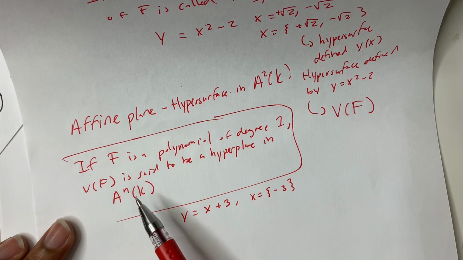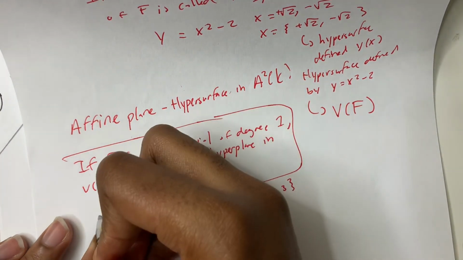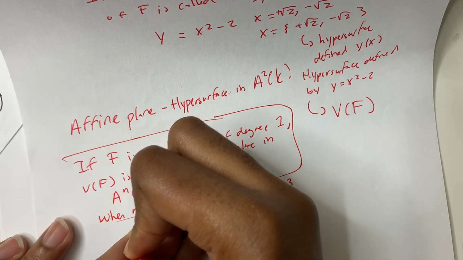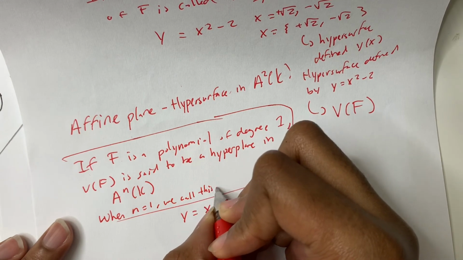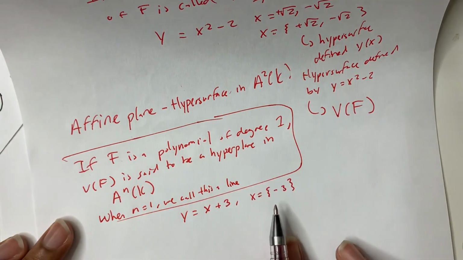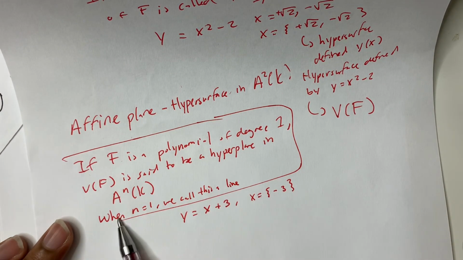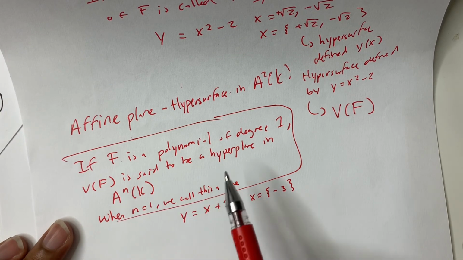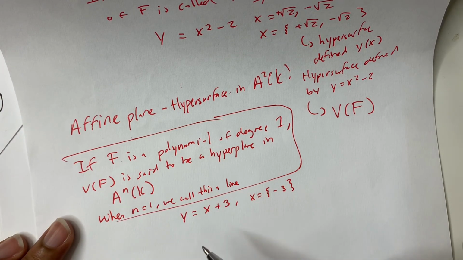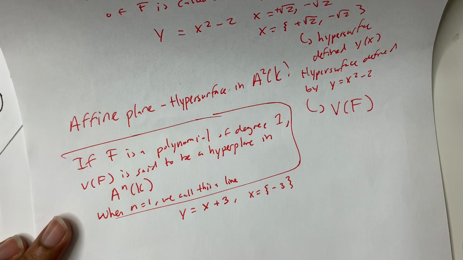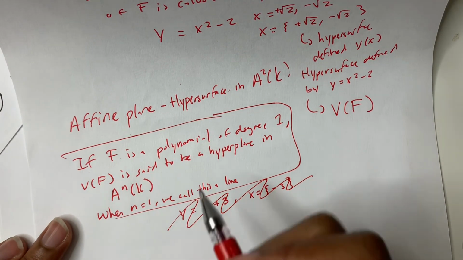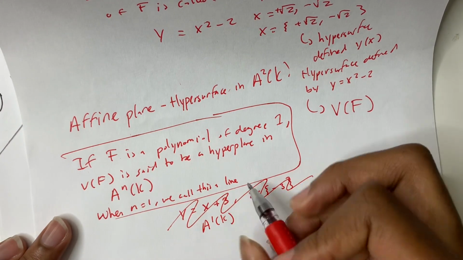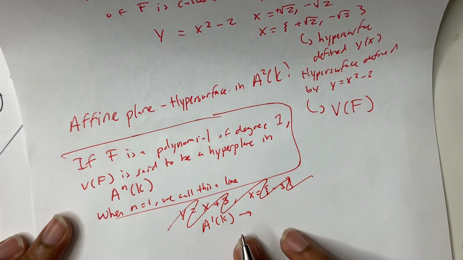And when n equals 1, we call this a line. We would call the hyperplane in A1 of K, which is just R, a line. Wait, this was a bad example. Sorry about that. Because A1 of K wouldn't contain R2.